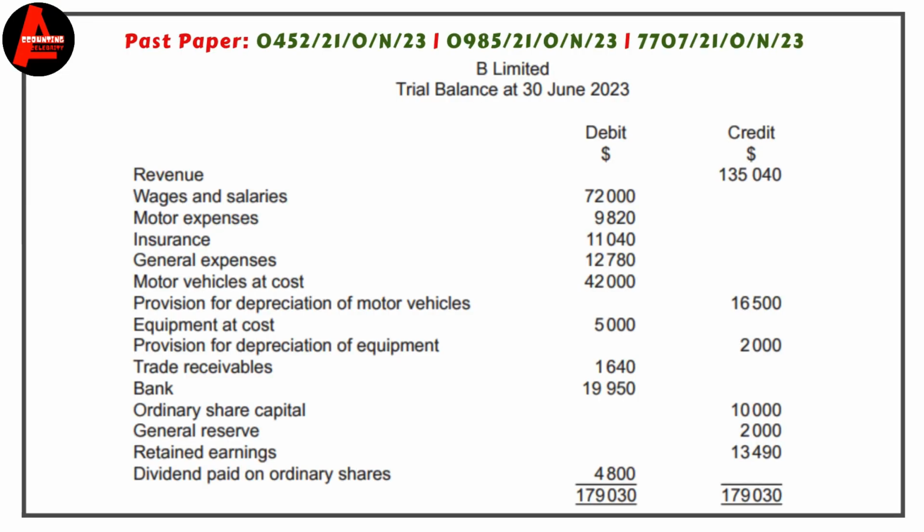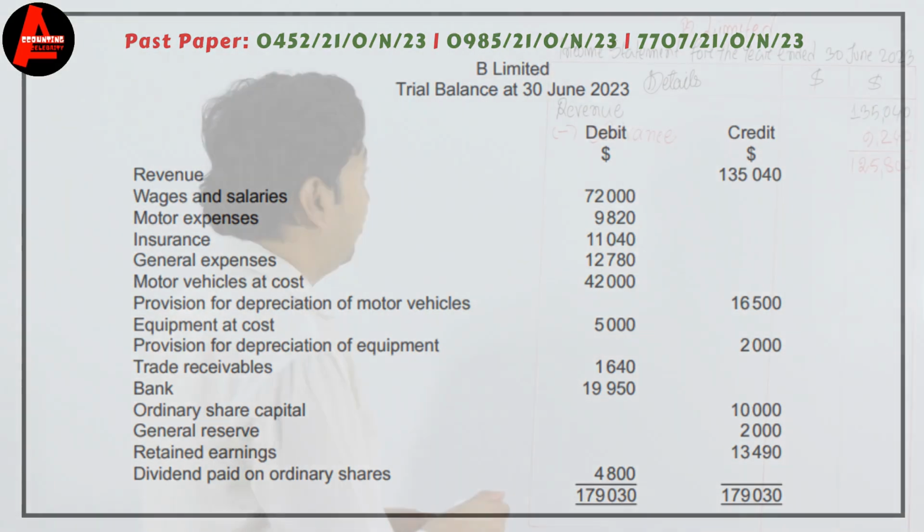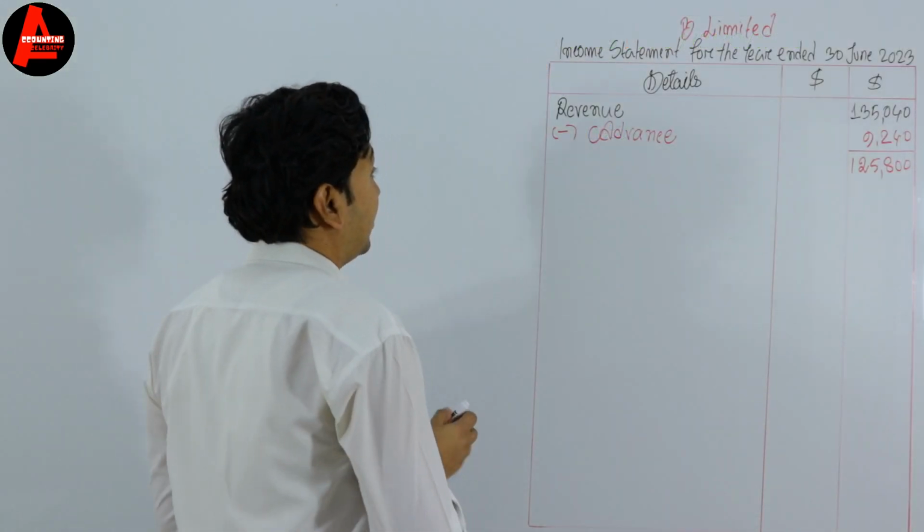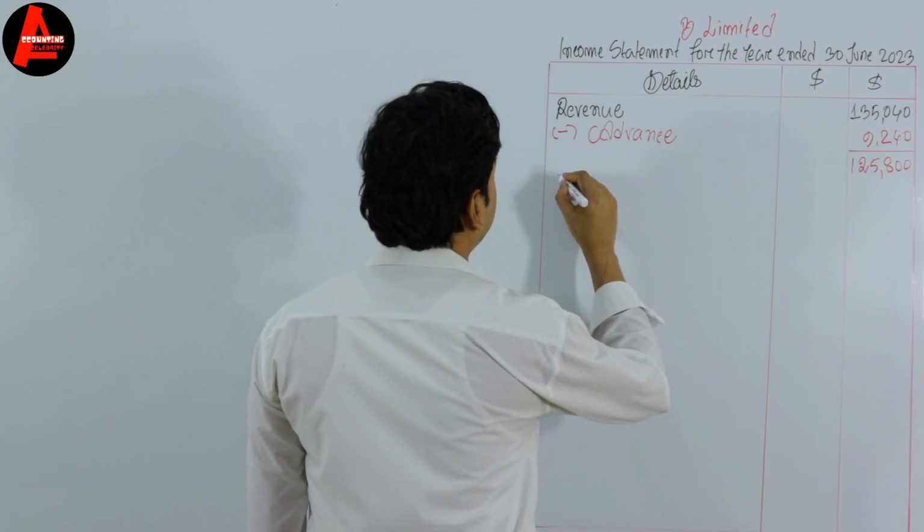Now from this total net revenue, we will subtract all the expenses. Our first expense is wages and salaries, $72,000. Next we have motor expenses, $9,820. So let us write these two expenses. Before that we will write here less expenses.